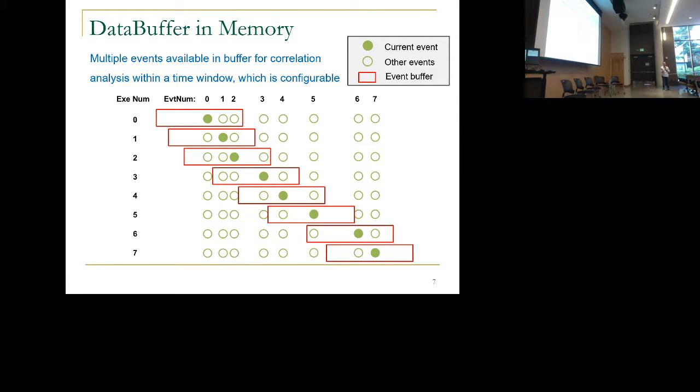The time window is revised according to the timestamp of the current event. Some other events near the current event can be loaded or trimmed automatically according to the time window. The time window size is configurable, and in this way, because multiple events are available in the buffer, we can perform the event correlation analysis.